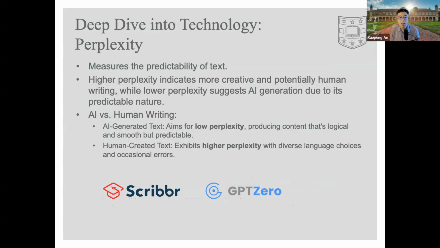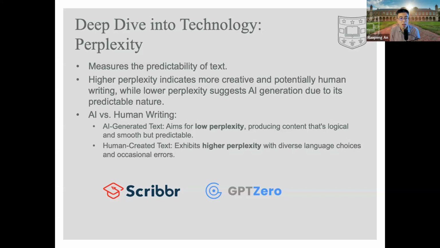Perplexity indicates creativity, and human writing usually has high perplexity, denoting high creativity, but lack of consistency. On the other hand, the AI-generated text usually has a lower perplexity score, suggesting AI generation due to the predictable nature.